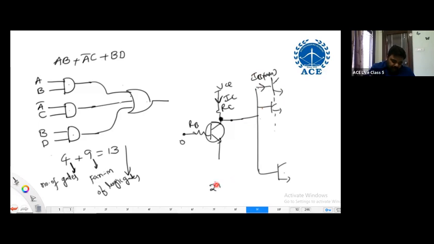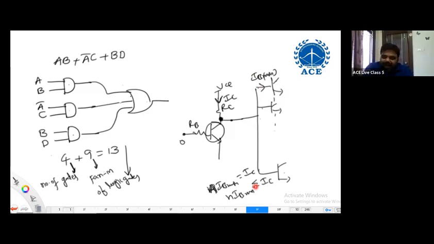So N into IB minimum is equal to IC, or N into IB minimum must be less than or equal to IC. What N value can satisfy this equation, that is the fan out. Technically, yes, there is a meaning for fan out.